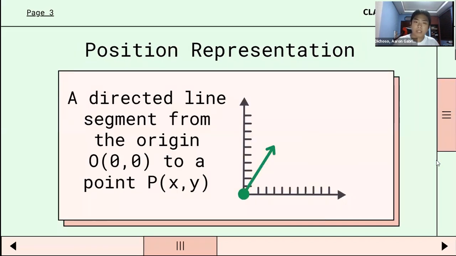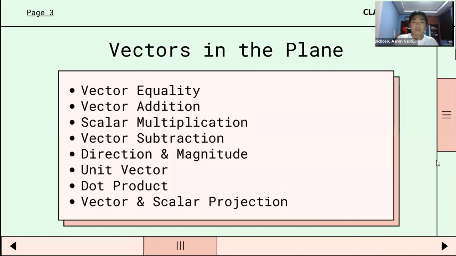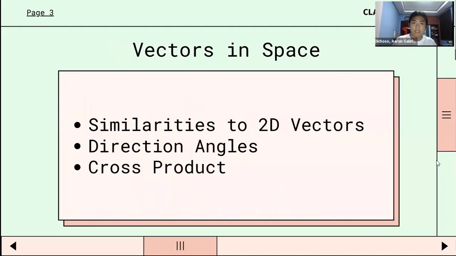You can also represent it through this position representation, a directed line segment from the origin 0, 0 to the point x, y. This is what we usually see in physics, etc. Today, we are going to talk about two types of vectors, vectors in the plane and vectors in space.